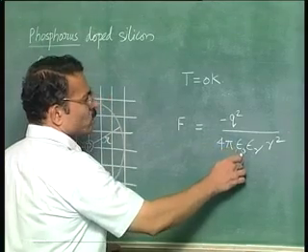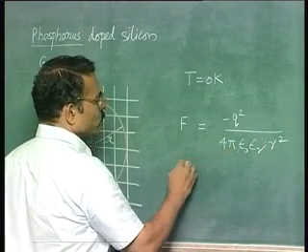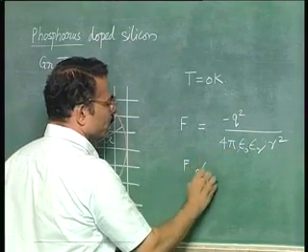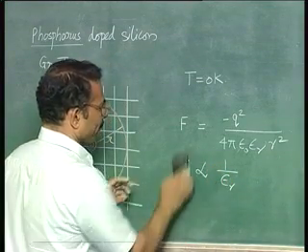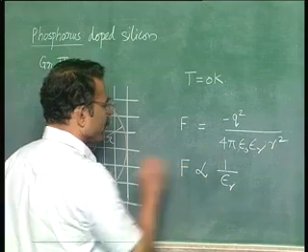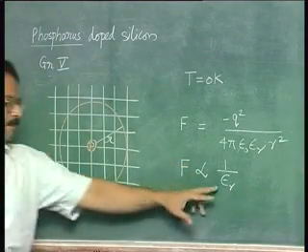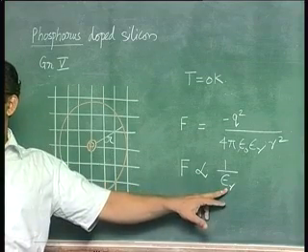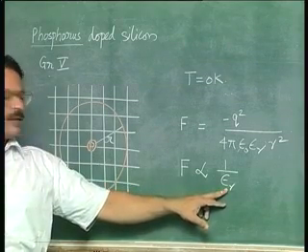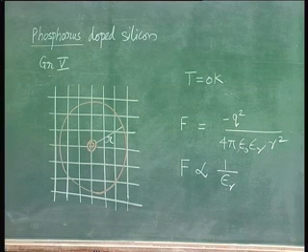So what is of interest to us is this epsilon r. So we find that the force is proportional to 1 by epsilon r. In other words, if you have a dielectric medium whose epsilon r is more than 1, then the force between the two charges will be less than that in vacuum.